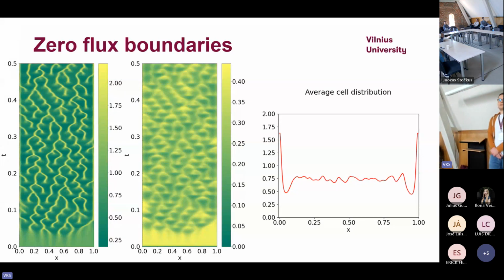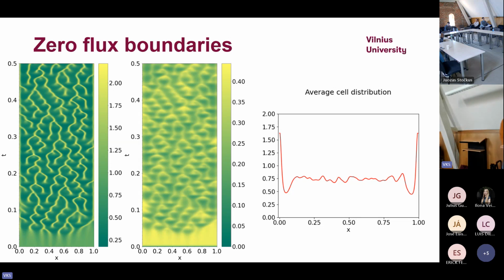So starting off with the zero flux boundaries, on the left you can see the visualization of the bacterial density pattern. In the middle you see the chemoattractant concentration, and on the right is the average cell distribution. As you can see, for the majority of the pattern, it is mostly the same, except for the boundaries, located at the x value of 0 and 1.